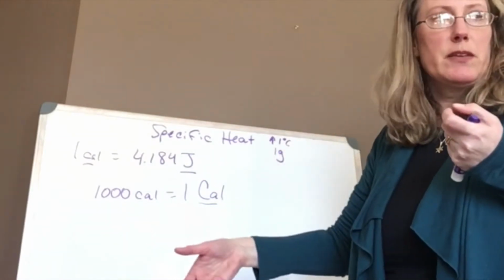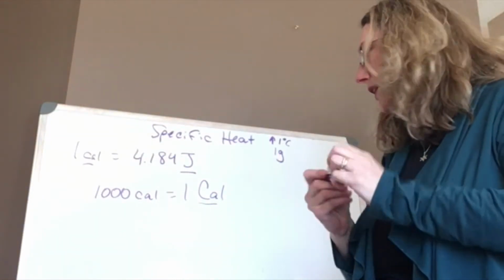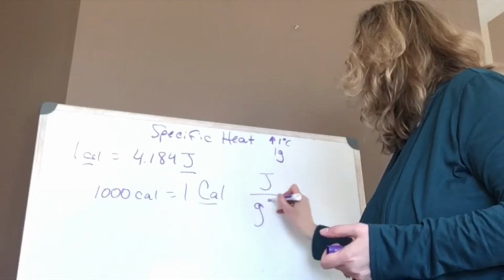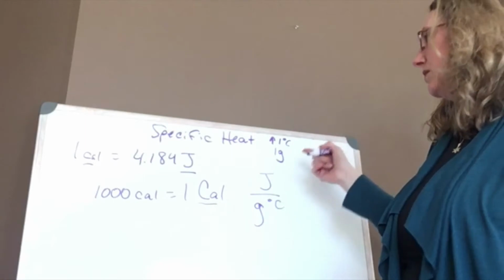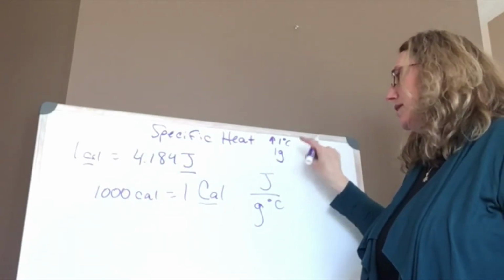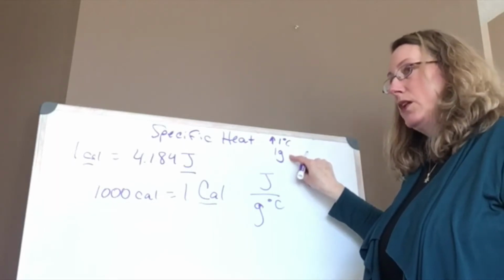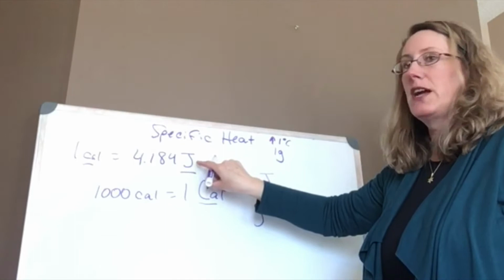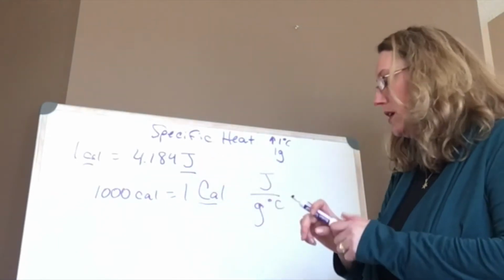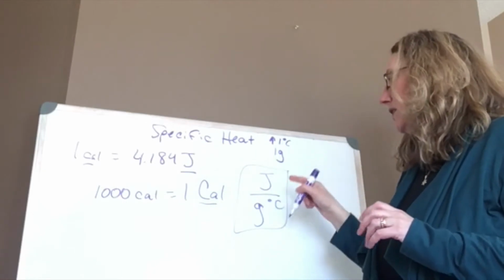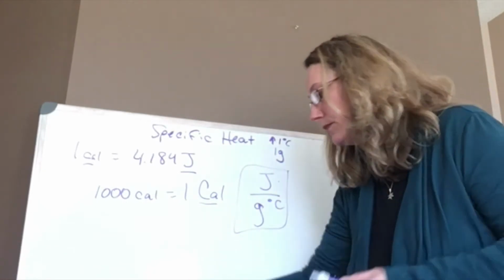It's probably not going to be exactly these, but we measure it in joules per gram degree C. Why? Because specific heat is the amount that it raises the temperature 1 degree C, 1 gram of that material, and it's taking into consideration how many joules of energy that takes. So you're going to want to remember the specific heat is joules per gram degree C.